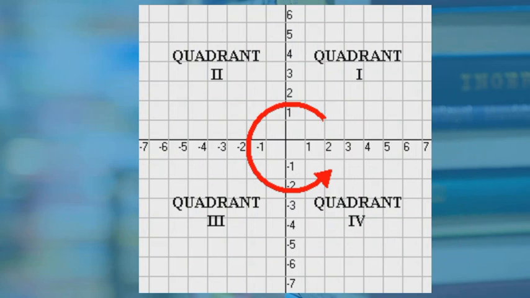Now this is a graphical representation of the Cartesian plane. We can see at the top right, that's the first quadrant, and at the top left, that's the second quadrant, and at the bottom left, that's the third quadrant, and at the bottom right, the fourth quadrant.